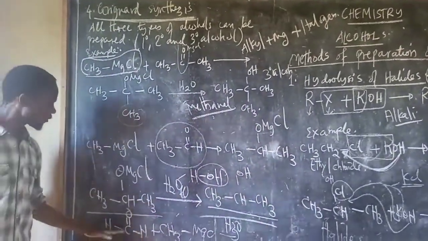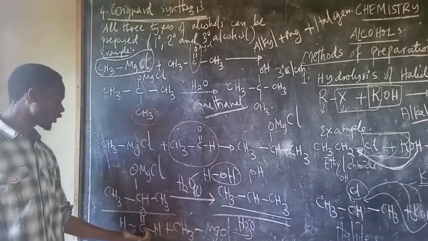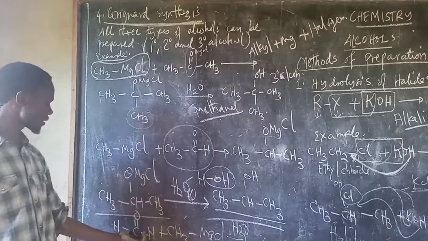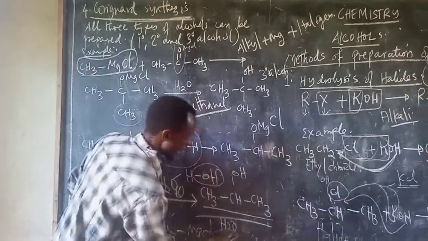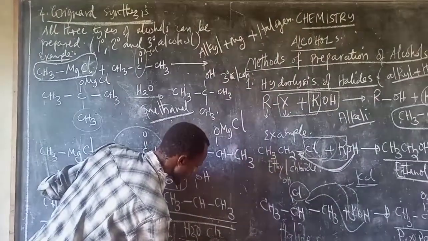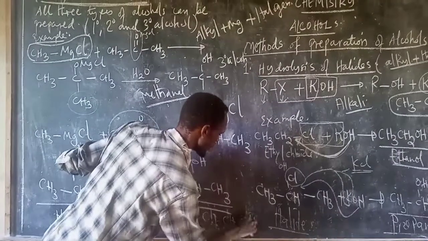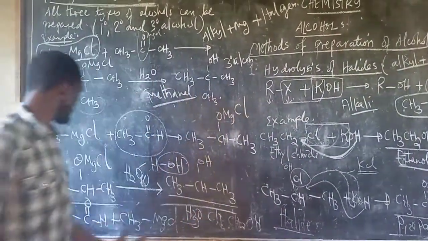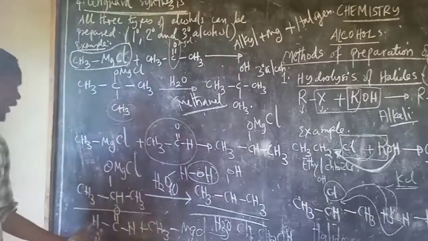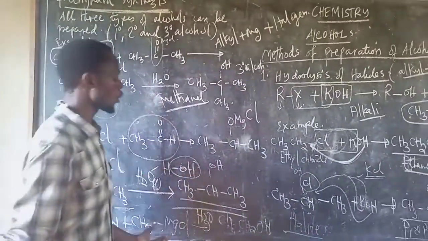But once the Grignard reagent reacts with formaldehyde, what is formed is the primary alcohol, and it is always ethanol. Ethanol is produced once a Grignard reagent is reacted with formaldehyde to produce a primary alcohol.